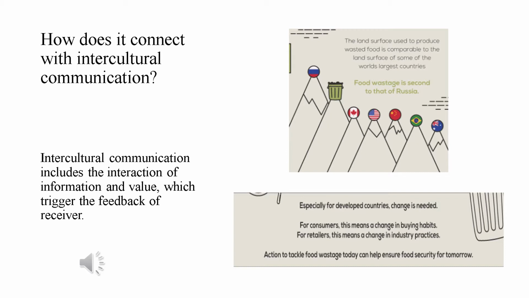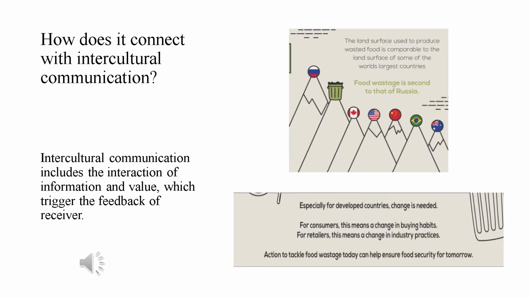However, it could also remind people to change the habit of wasting food in the end. As intercultural communication, it also uses this text to help people understand the issue of food wastage, besides spreading the information by data. The text also includes a brief standpoint of its own.